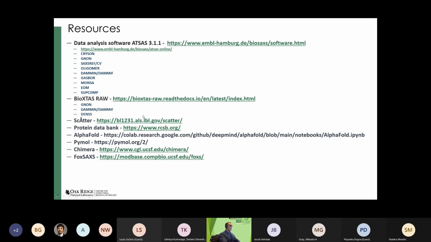And the second resource that we have is where we can get structures to do comparisons with our experimental data, right? I think the Protein Data Bank, PDB, is the most common resource that we can have. We can easily search for a protein structure there and get the PDB, but it also has cryo-EM and NMR structures that can be used, not only crystal structures.